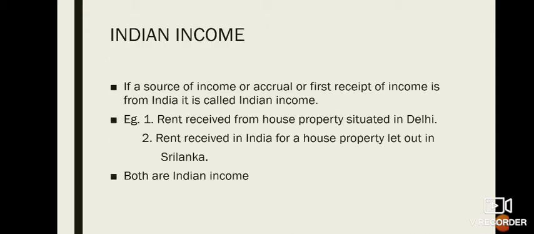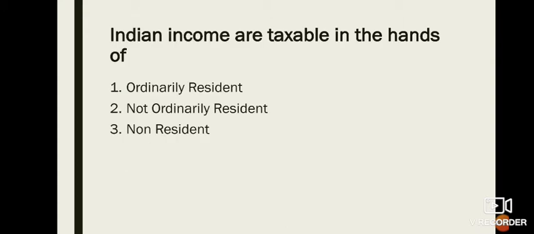As we have seen in case of Indian income, when the source is in India or it is received in India, then it is known as Indian income and it is taxable in all three hands. That is, ordinarily resident has to pay tax on it, not ordinarily resident has to pay tax, and also non-resident has to pay tax on Indian income.